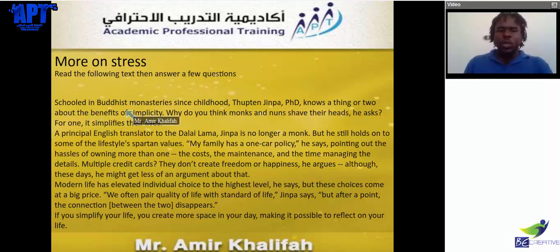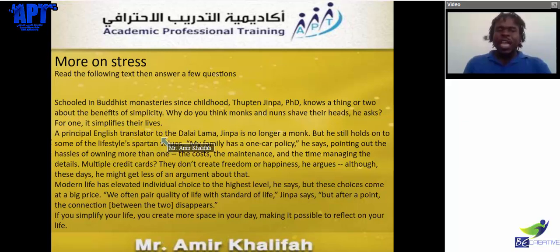All right, schooled in Buddhist monasteries since childhood, Thupten Jinpa, PhD, knows a thing or two about the benefits of simplicity. Why do you think monks and nuns shave their heads? He asked. For one, it simplifies their lives.